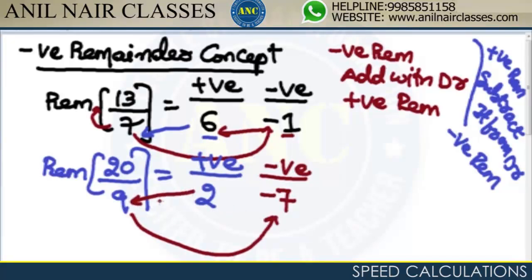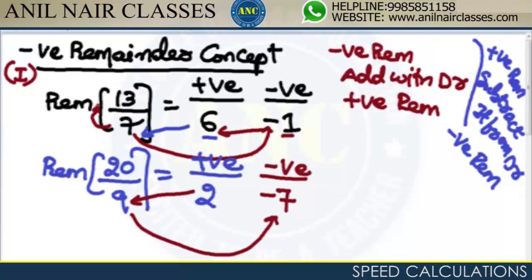I hope the definition of negative remainder is very clear. Negative remainder is an illusionary concept to save our time. This is concept 1.